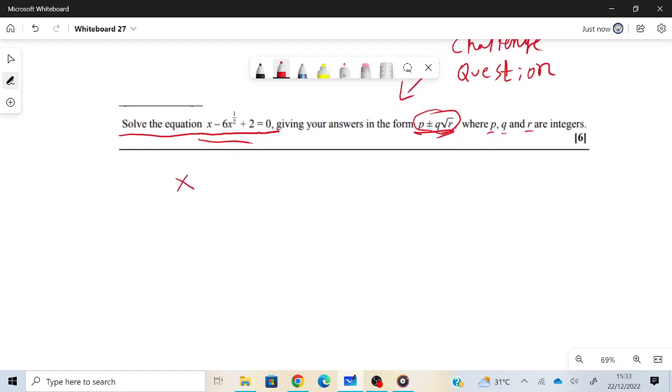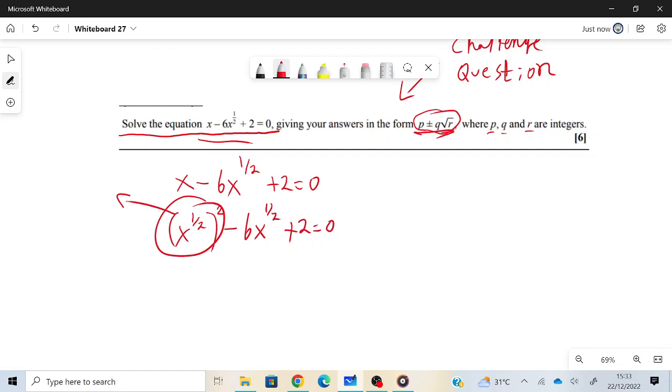We have x minus 6x to the power of 1 over 2 plus 2 equals 0. So rewriting this, I can have x to the power of 1 over 2 squared minus 6x to the power of 1 over 2 plus 2 equals 0. Again, we know that this is simply 2 times 1 over 2, which is x to the power of 1, and that's what we had over here, so it's the same thing.